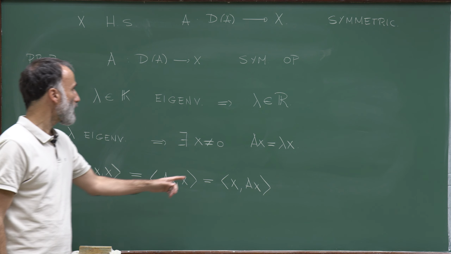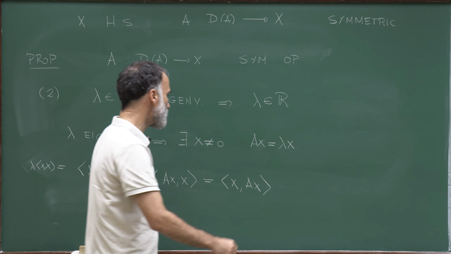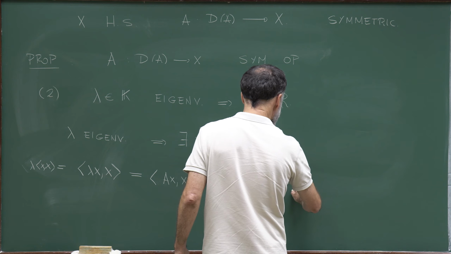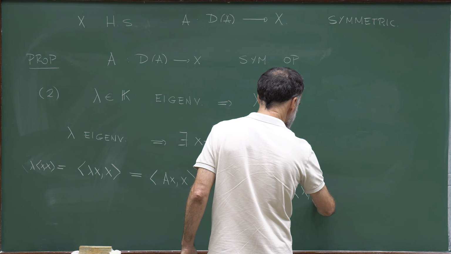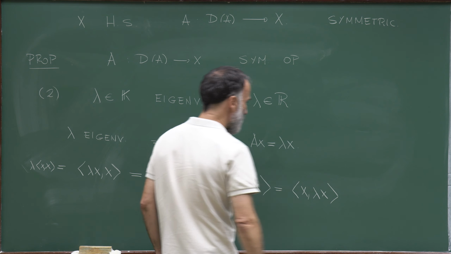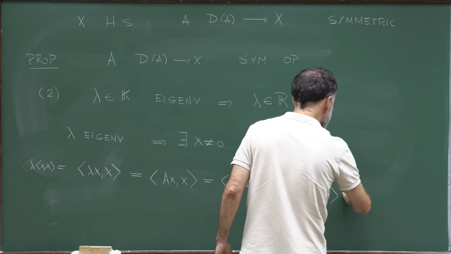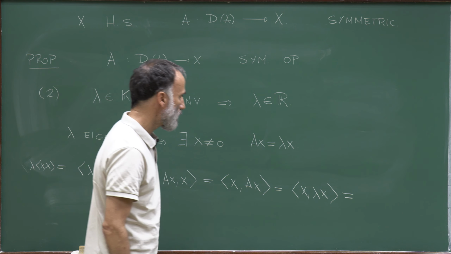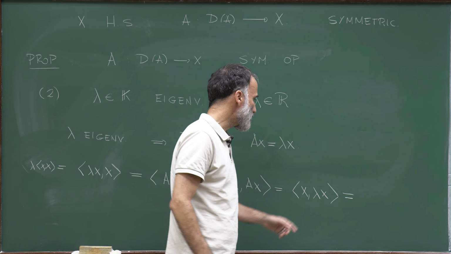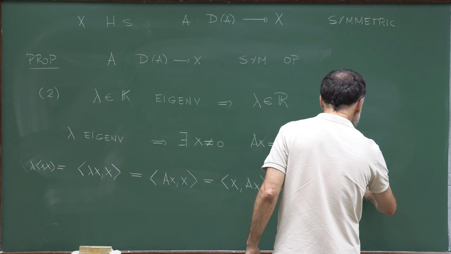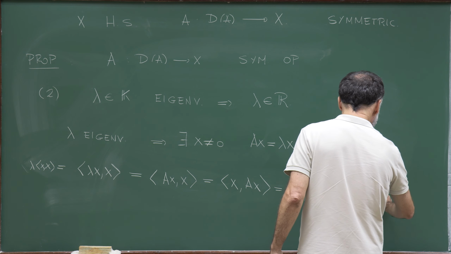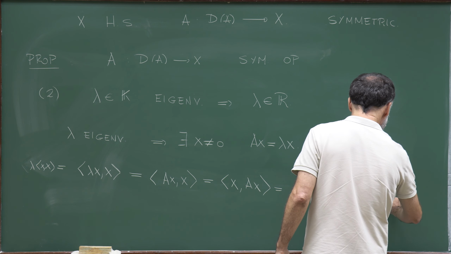Now, as lambda is an eigenvalue, this is equal to (x, lambda x). And by the skew symmetry of the scalar product, this is equal to the complex conjugate of lambda, lambda bar, times (x, x).